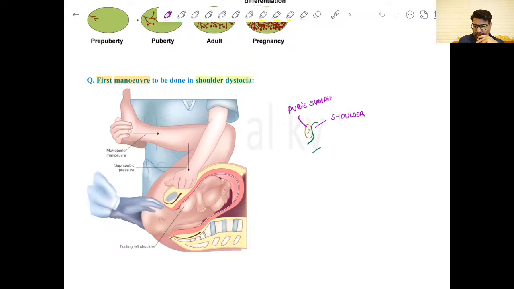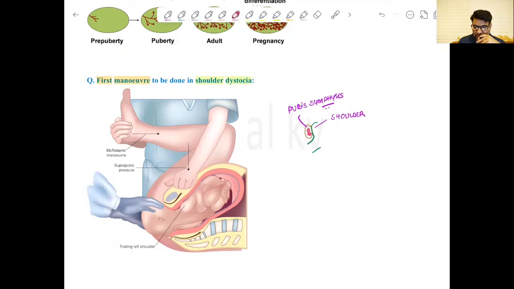The shoulder is impacted behind the pubis symphysis, and in such a case, unless and until you disengage the shoulder from behind the pubis symphysis, there will be no progress in the descent of the fetus, right?